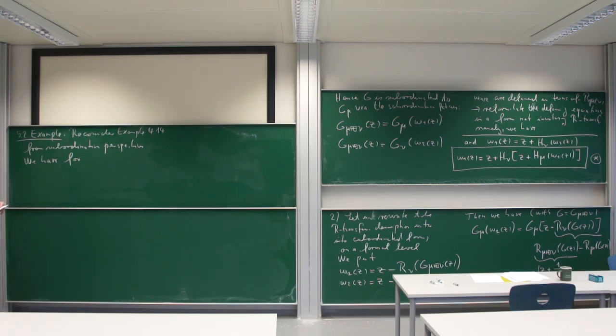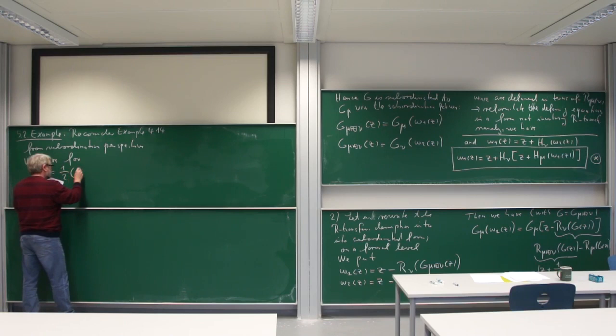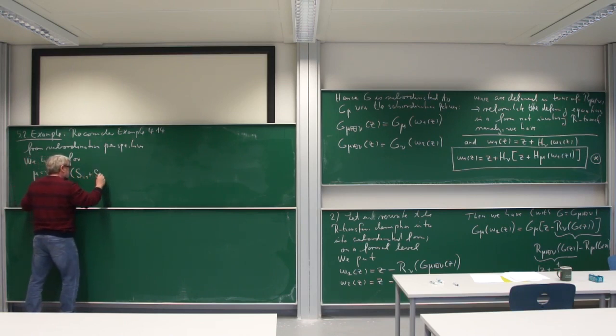So mu and mu are the same measure. Both were this Bernoulli, which means a discrete measure.